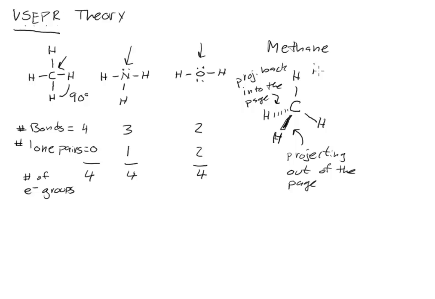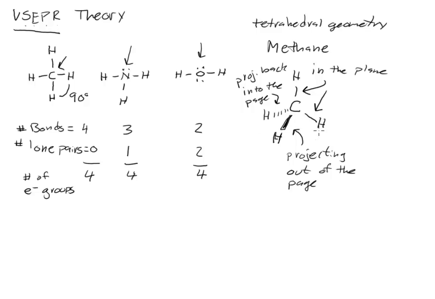So these 2 hydrogens are in the plane of the page. And these 2, one's coming forward, one's going backwards, and this is called tetrahedral geometry. And so that is what the shape of the methane molecule is.